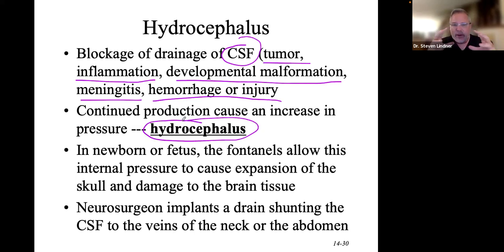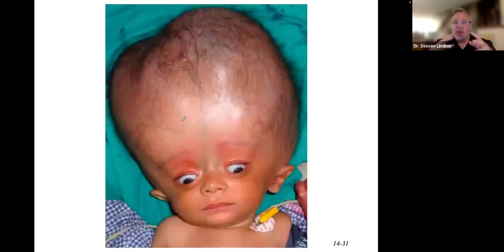Right? In newborns, there are these skull bones, these fontanelles, that allow a small degree of expansion for internal pressure, but it can only handle so much. And if there's too much pressure, then you get this type of expansion.